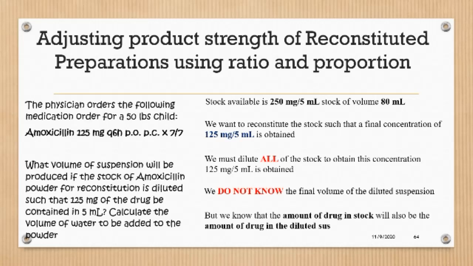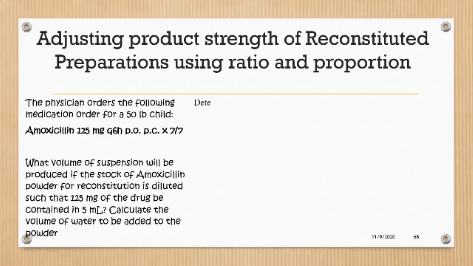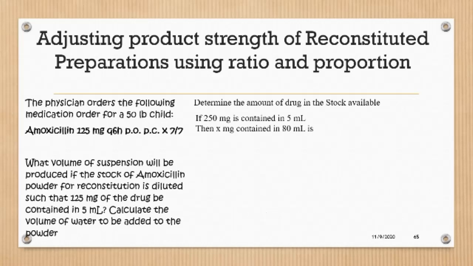But what we do know is the amount of drug that is in the stock, that is in the powder. And remember how we determine that? To determine the amount of drug in the stock, we'll have to use the concentration of the stock. The concentration says 250 milligrams of drug is contained in every 5 mL when you reconstitute it as the manufacturer indicates.